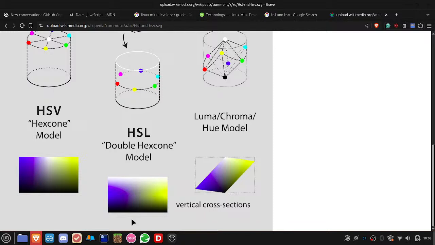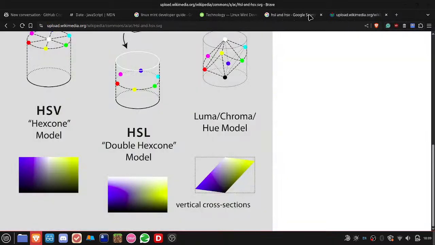And also, everything will be black in here. Everything will be black here, but this is a pure saturation. The middlemost part is the one that's doing its own thing, and lightness is whatever it's like.